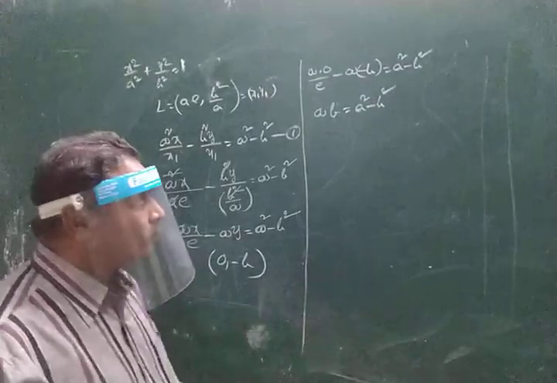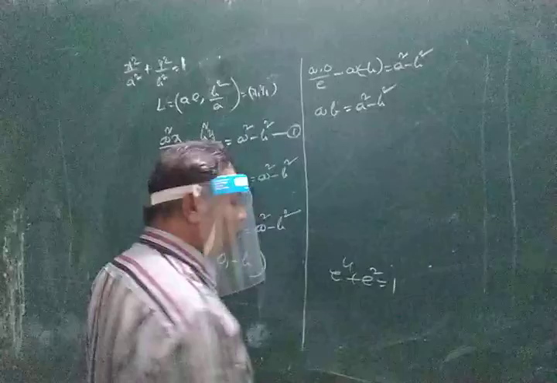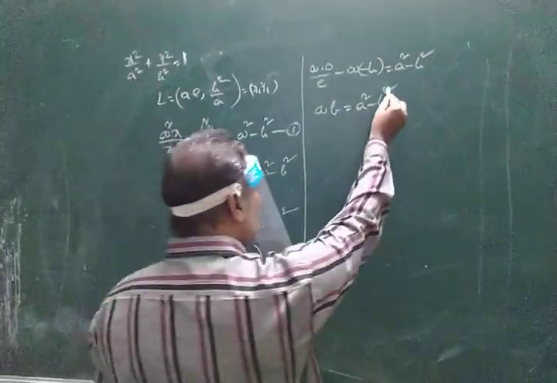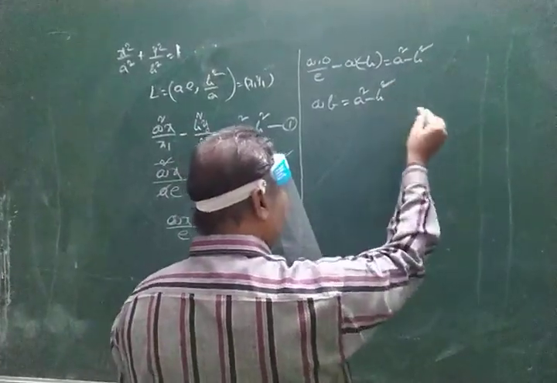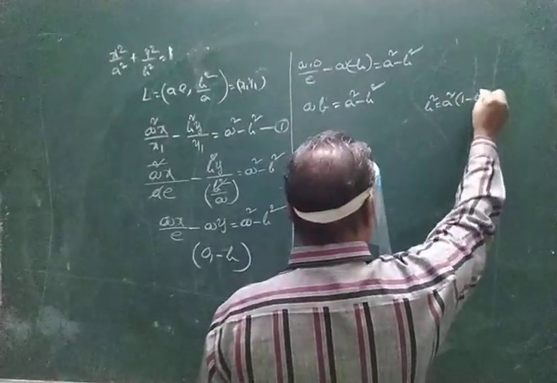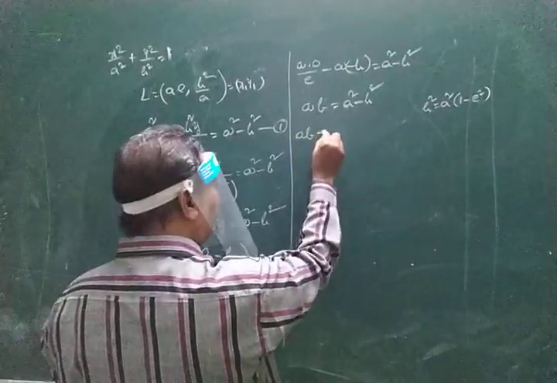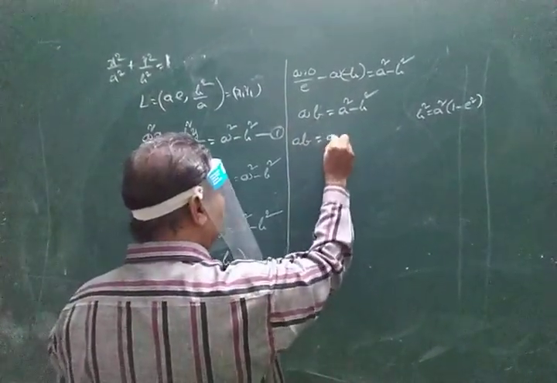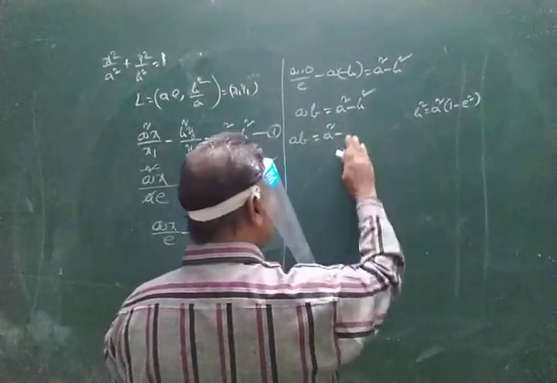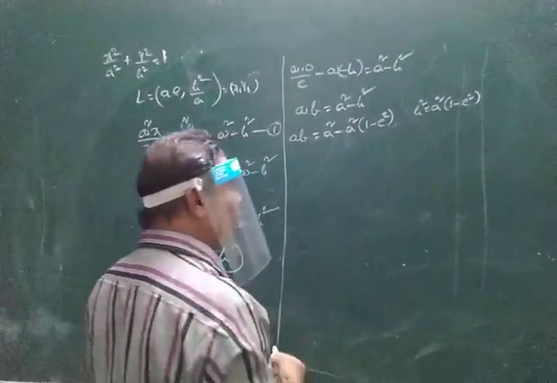First listen. We want e power 4 plus e square equal to 1. So, first apply the b square formula: b square equal to a square into 1 minus e square.